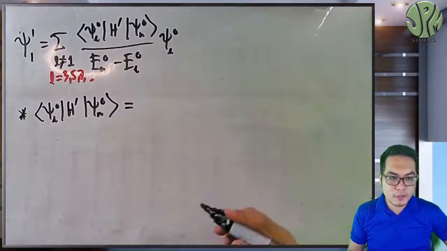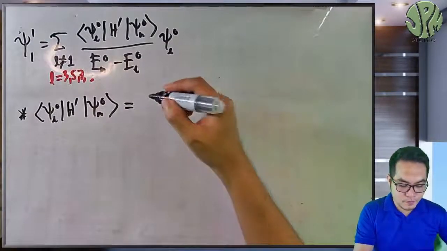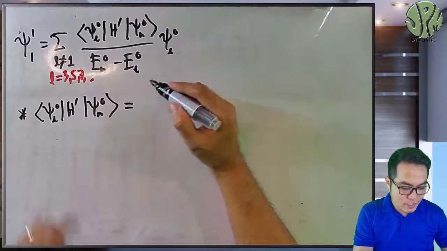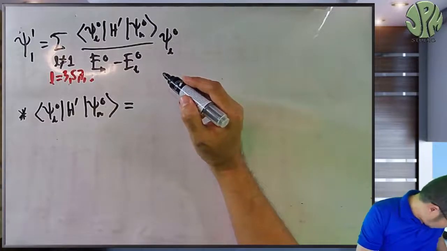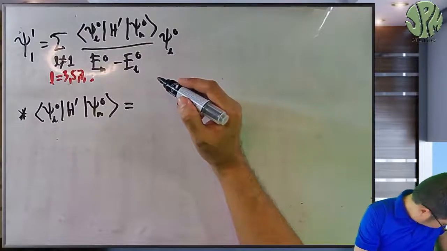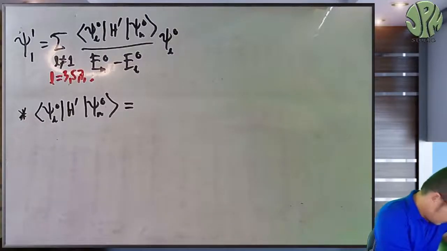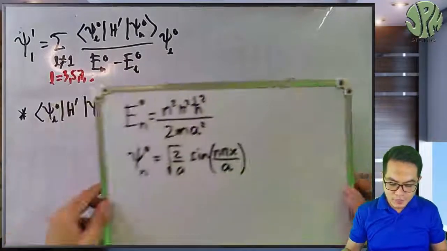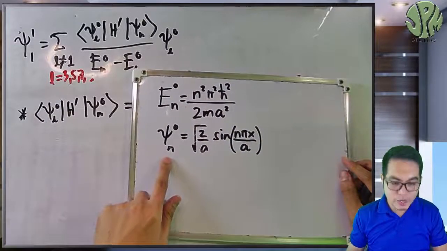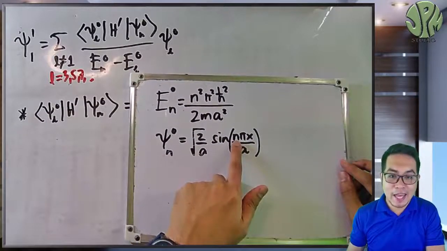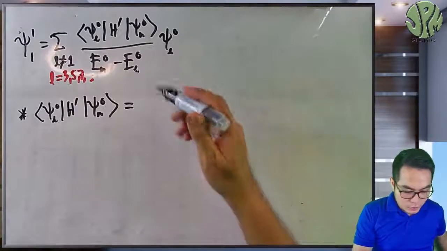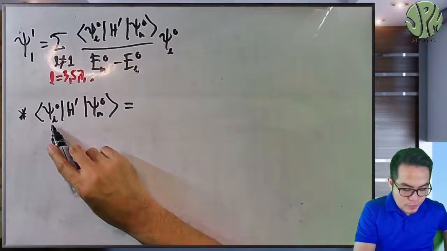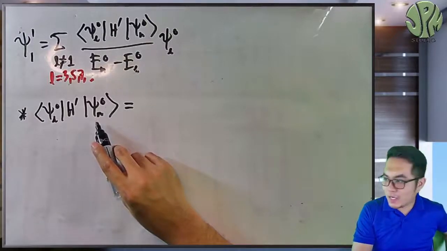We convert this into the integral form. So psi L is square root of 2 over a sine. If you recall, the wave functions for an infinite square well potential energy look like this. If you have a subscript L, you have sine L pi x over a here. There's a square root of 2 over a here, square root of 2 over a here.